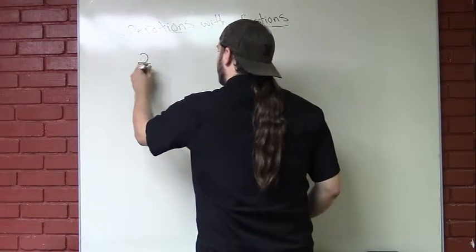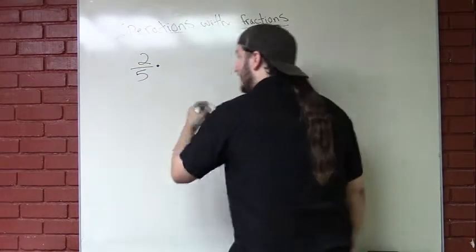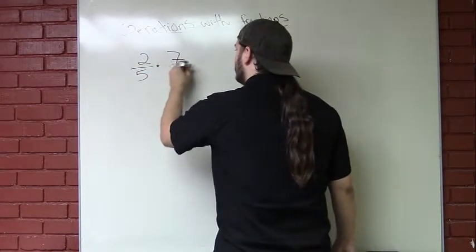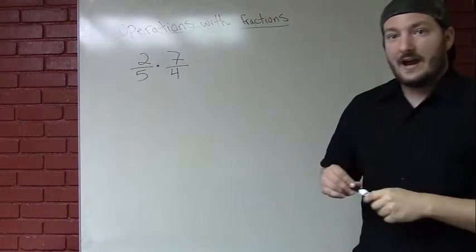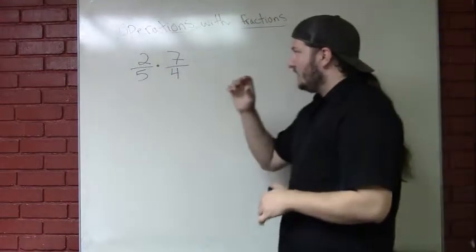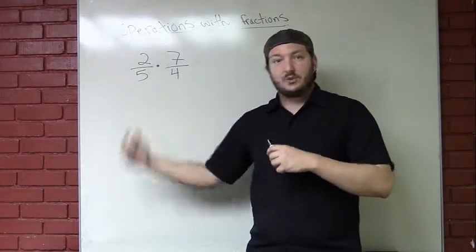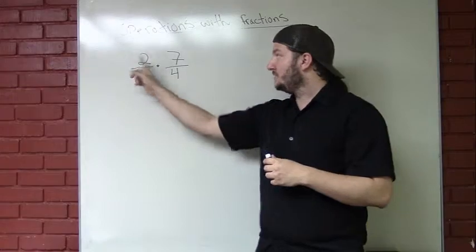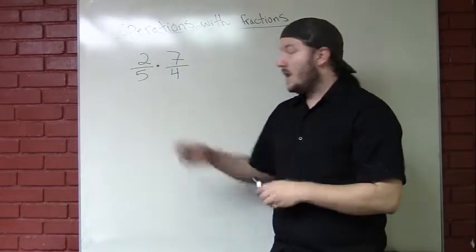So we got 2 divided by 5 times 7 divided by 4, okay? Now, when you're multiplying fractions, you can just multiply straight across, okay? You just multiply the top numbers and you multiply the bottom numbers.